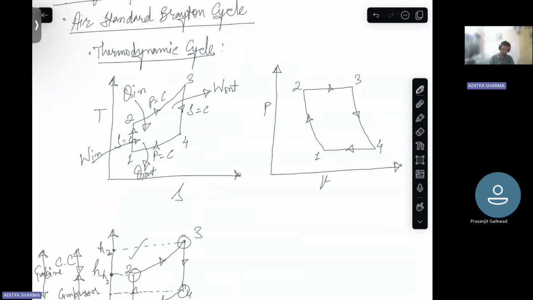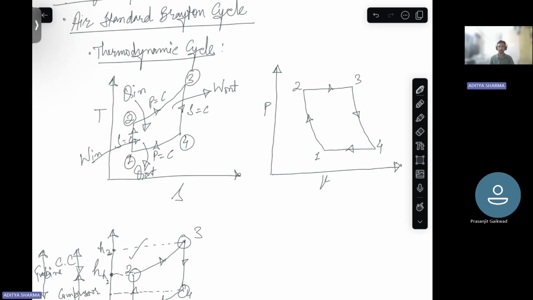If you see 2 to 3, that is a constant pressure line. The line joining 2 to 3 is your constant pressure line. Then joining 1 to 4 again is your constant pressure line. So this means that P2 is equal to P3 and P1 is equal to P4.